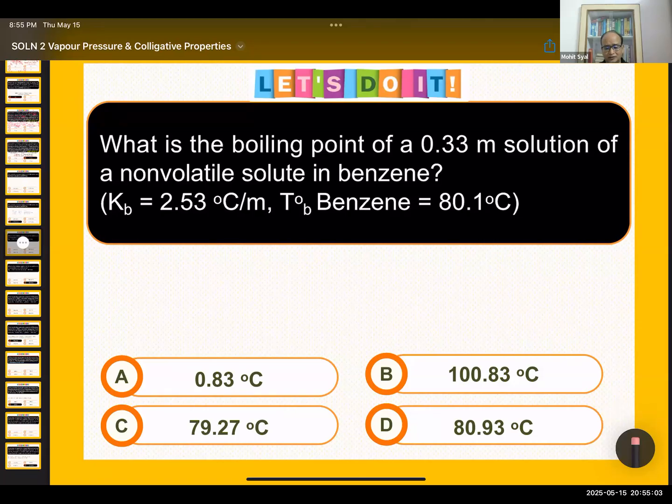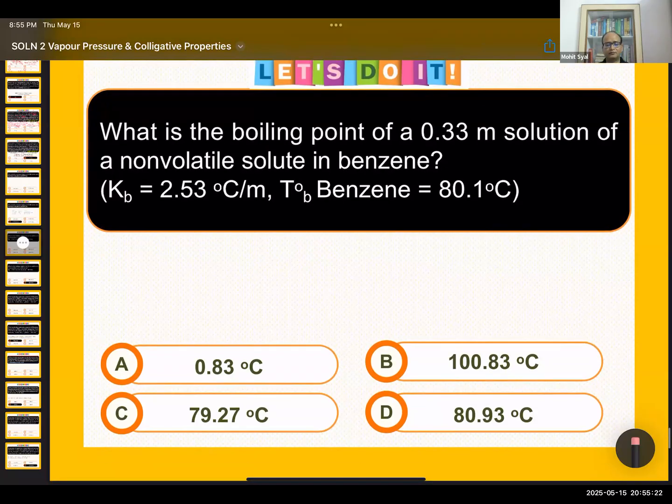If they give you some dissociation or association happening, then you need to take some value of i. But this question is not at all talking about association or dissociation, so I am going to take i as one, which we discussed in earlier problems also.